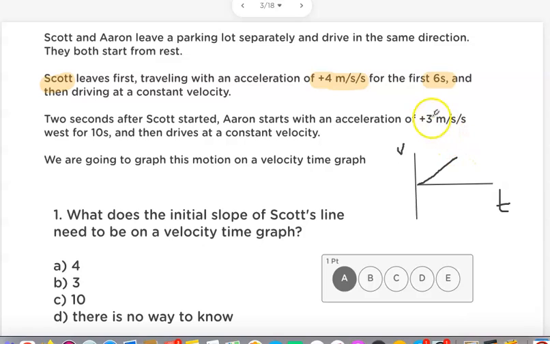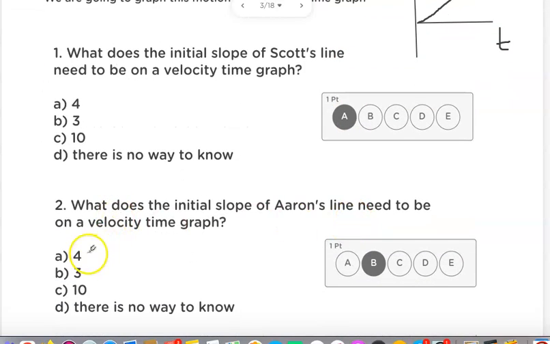So if we're given the acceleration, you know that the slope is the same number. So the slope or the acceleration is 4. That means that the slope is 4. And this acceleration is 3. That means that the slope is 3.